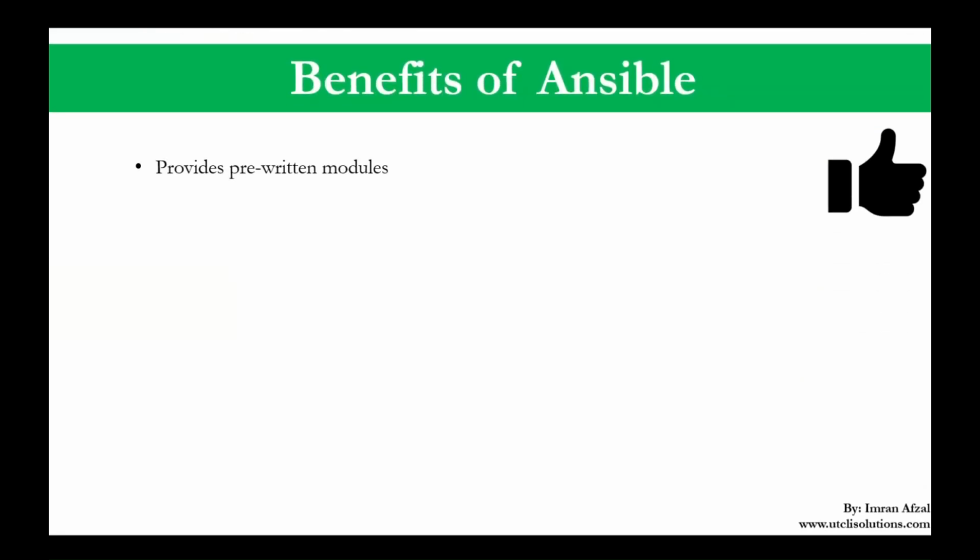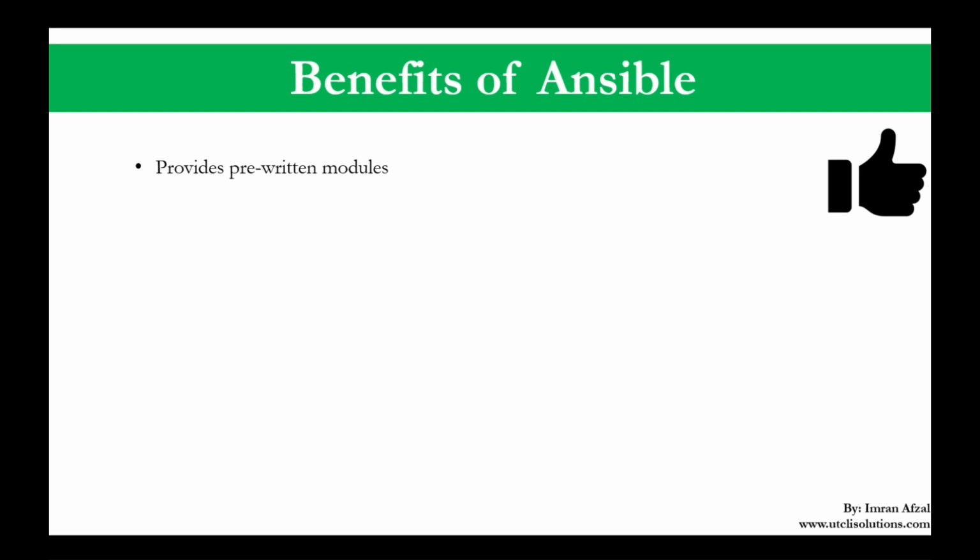All right, moving down the list, it provides pre-written modules. So you don't have to create your own module to do certain tasks. Let's say if you have to do a yum install, you have a module for it. Let's say if you wanted to start a service, you have a module for it.